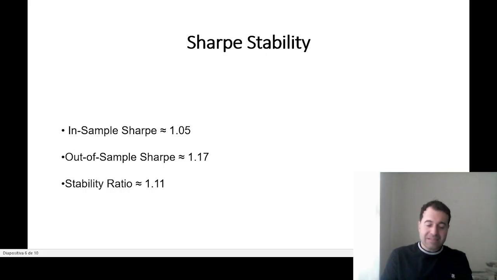That gives us a stability ratio above 1. In practical terms, this suggests the strategy is not overfitted. Usually, when strategies are over-optimized, the Sharpe drops significantly out of sample. Here, that didn't happen.